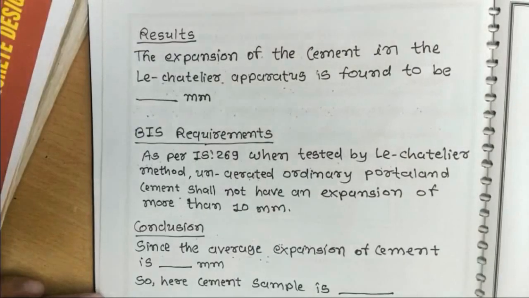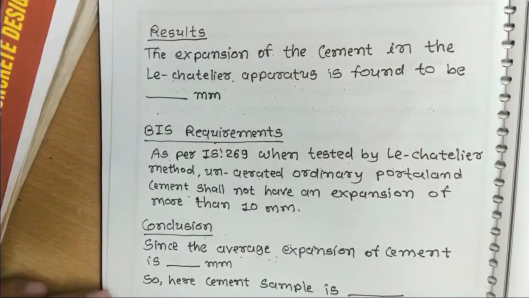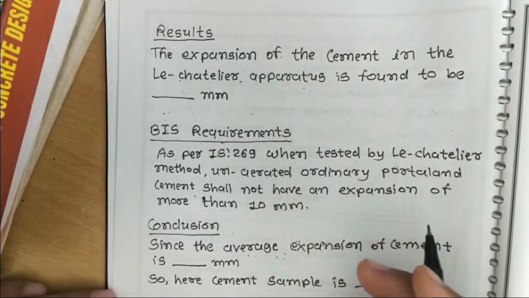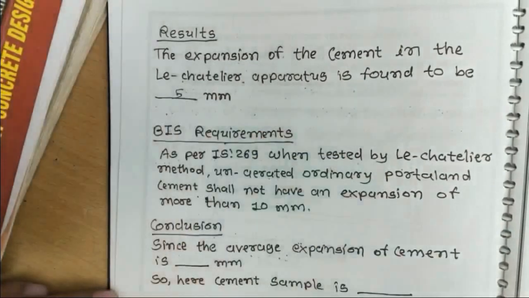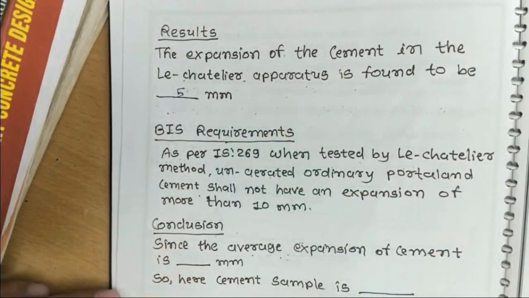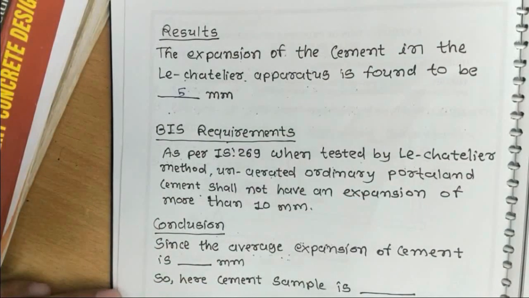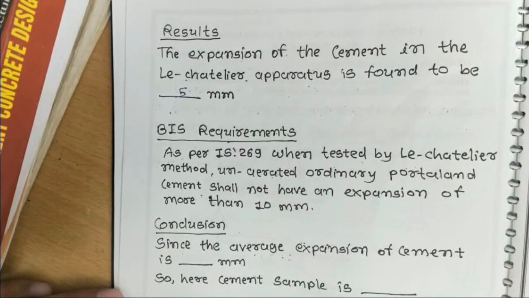After the experiment and observation, we go for the result. The expansion of the cement in the Le Chatelier apparatus is found to be 5 mm. So the BIS requirement as per IS 269, when tested by the Le Chatelier method, unaerated ordinary Portland cement shall not have an expansion of more than 10 mm.